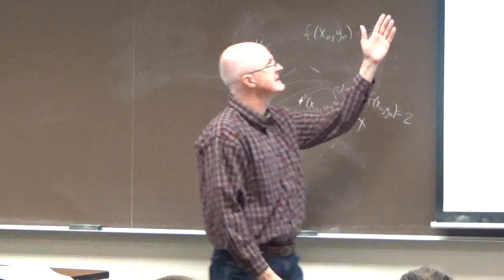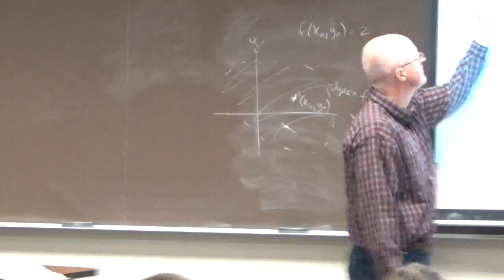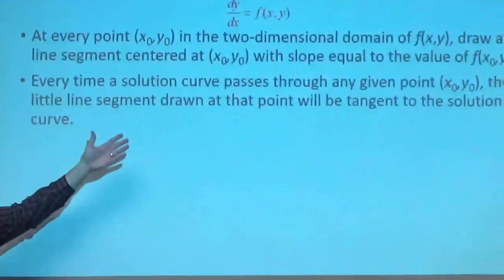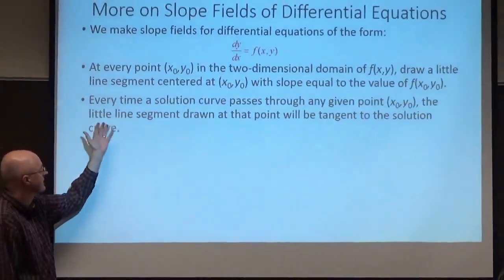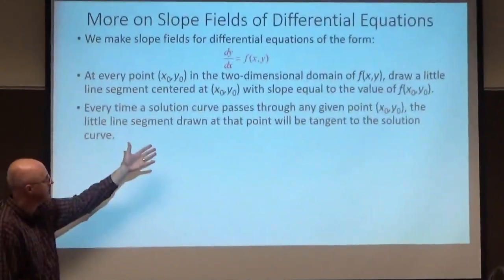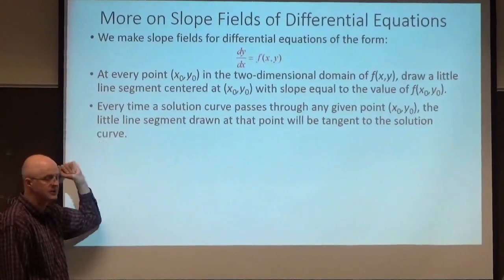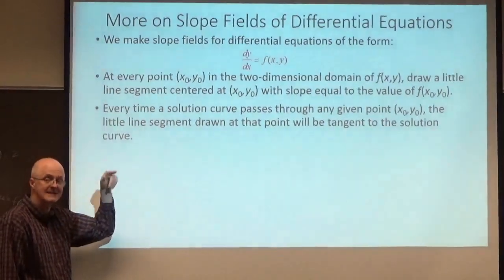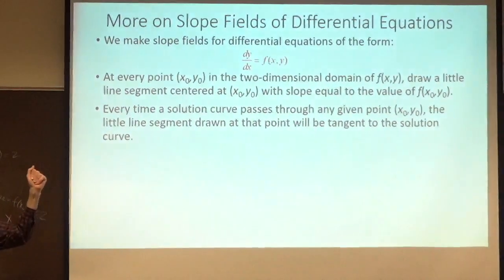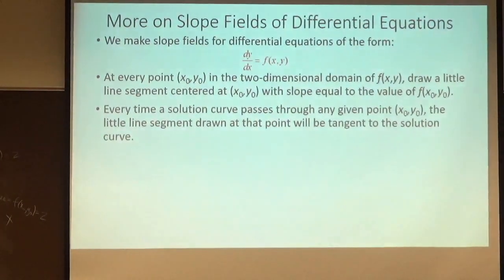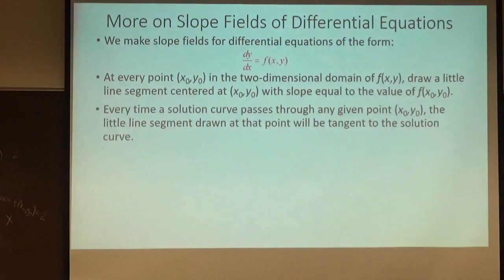The point is this. Here's the key bullet point. Every time a solution curve passes through any given point in that domain, the little line segment that you drew at that point will be tangent to the solution curve. The little line segment you either drew or could have drawn. Why? It's the meaning of the differential equation.